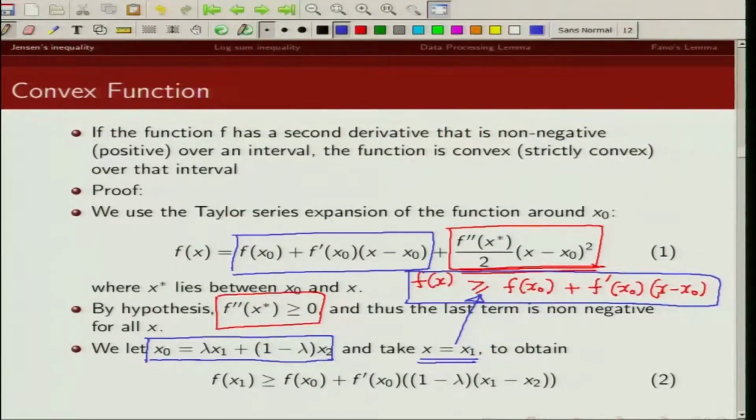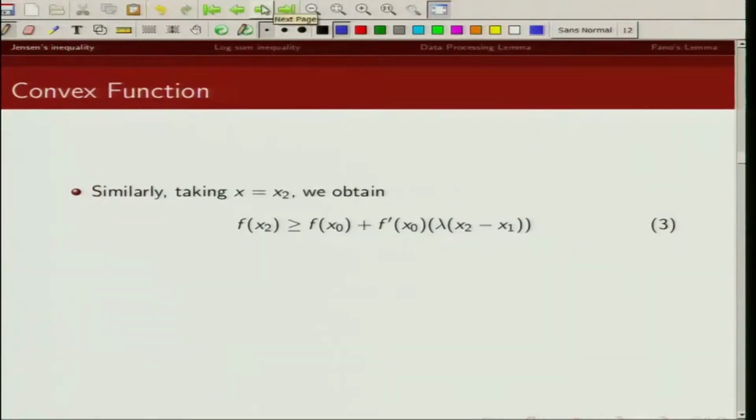So if I similarly put x equal to x2, what I get is f of x2 is greater than or equal to f of x naught plus first derivative of f evaluated at x naught, times lambda times x2 minus x1, where x naught is again lambda times x1 plus 1 minus lambda times x2.